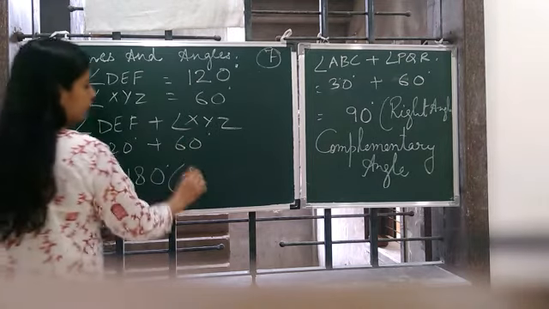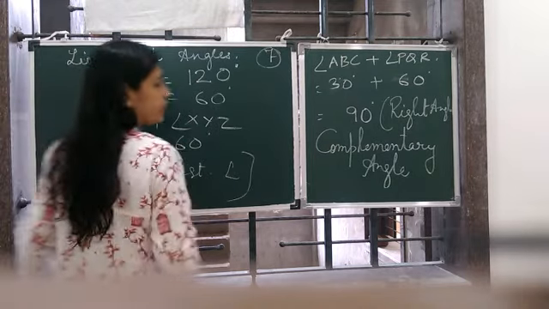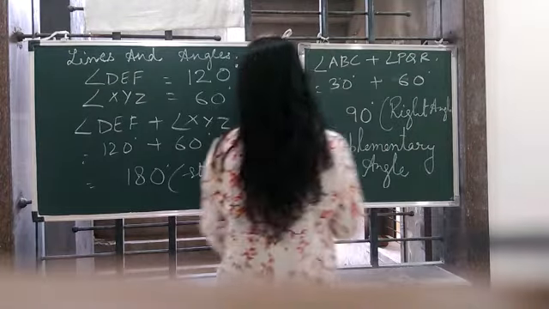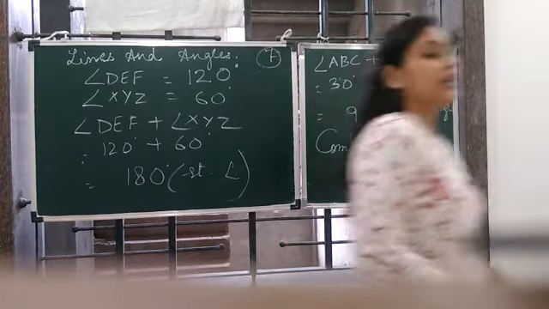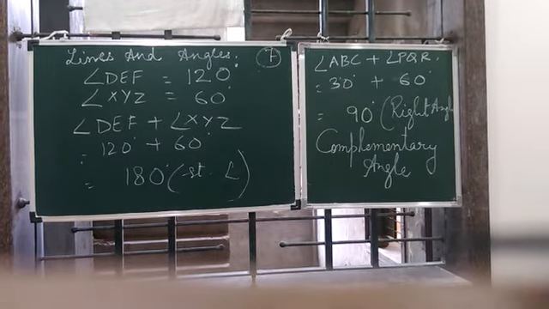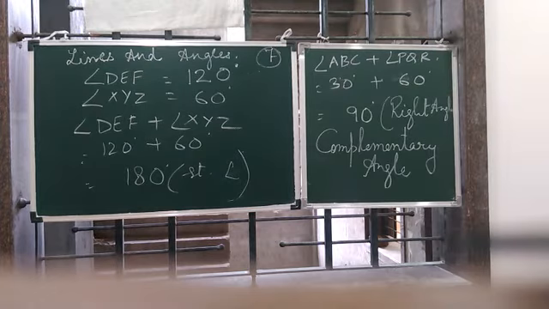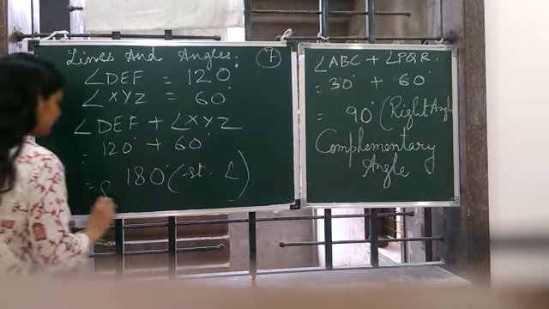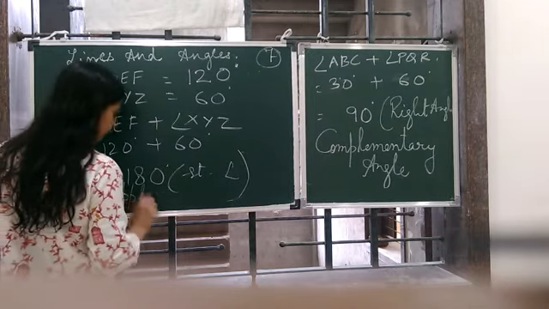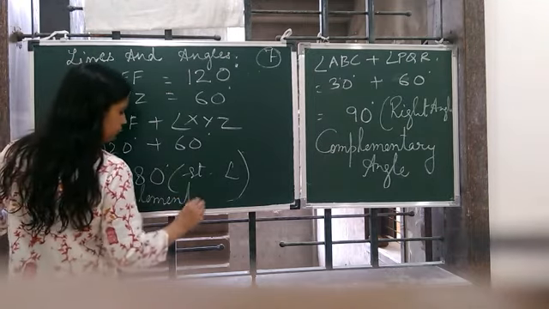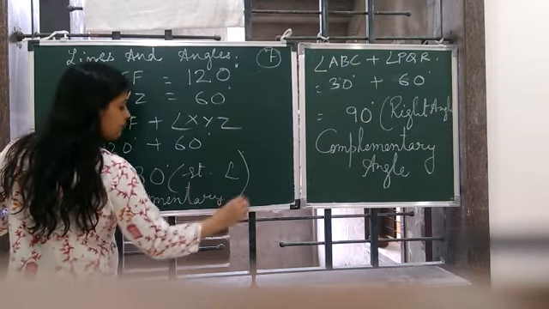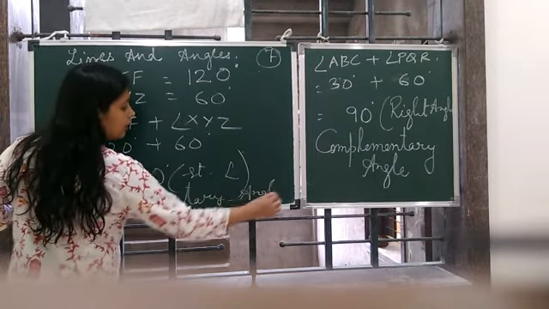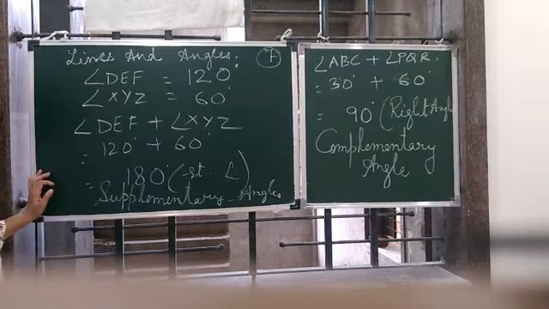That is a straight angle. So, when the sum of two given angles is equal to 180 degrees, then such angles are known as supplementary angles. What are they known as? Supplementary angles. So, did you understand?